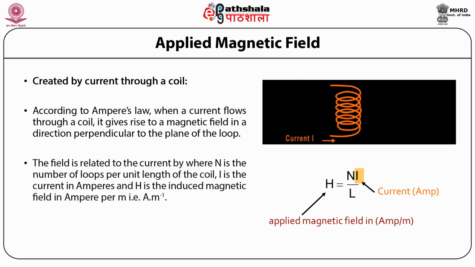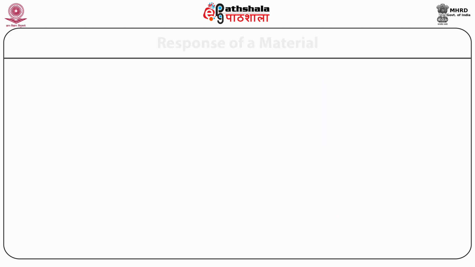The field is related to the current by the equation H = Ni/L, where L is the length of each turn.